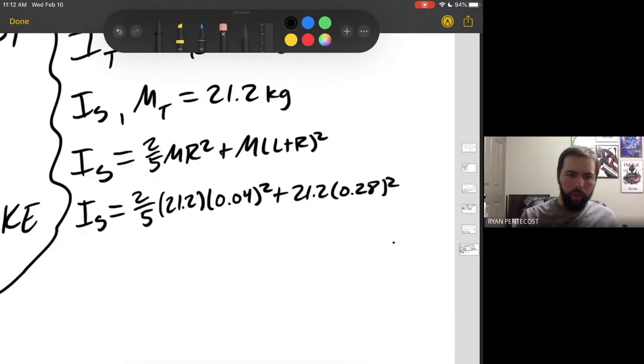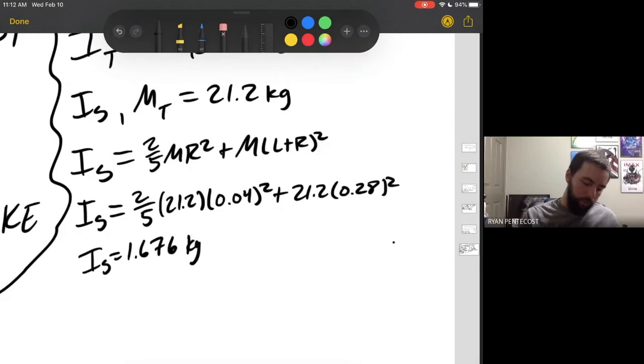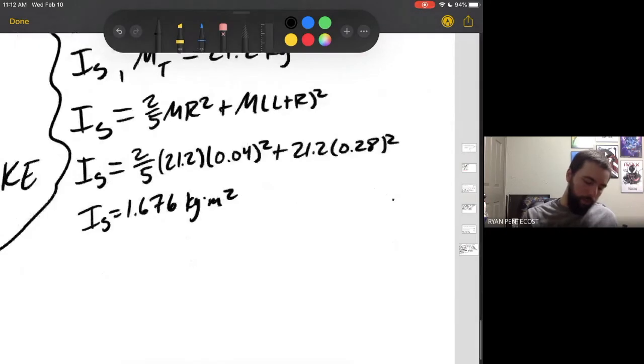And when you put that in your calculator, I got 1.676 kilogram meters squared.